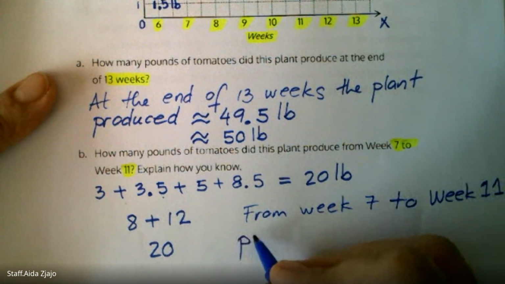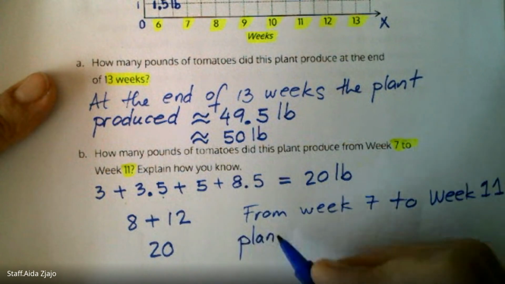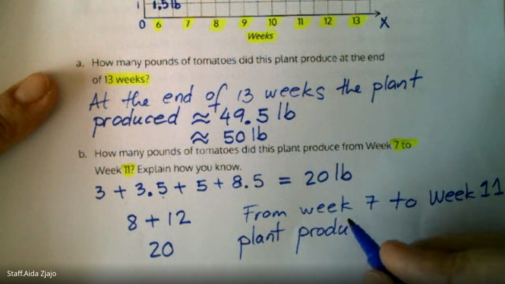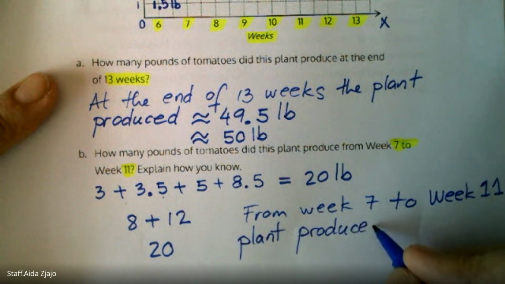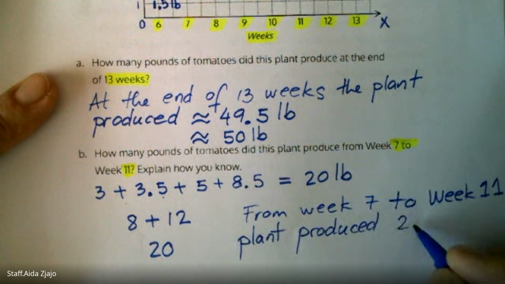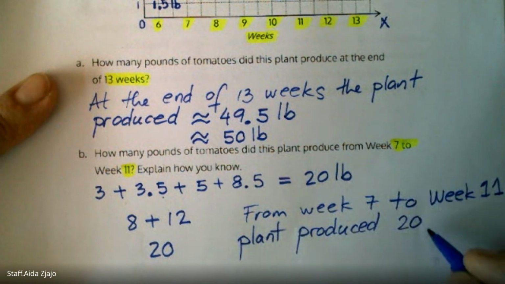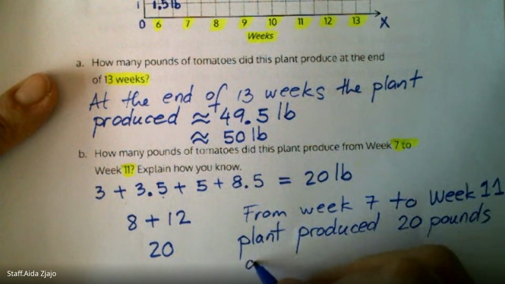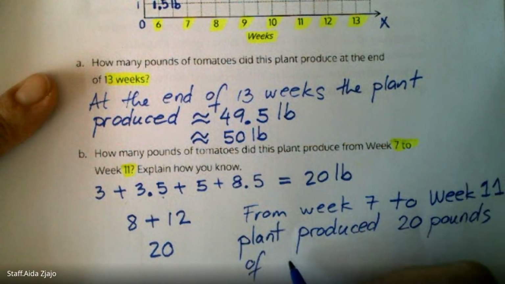The plant produced 20 pounds of tomatoes.